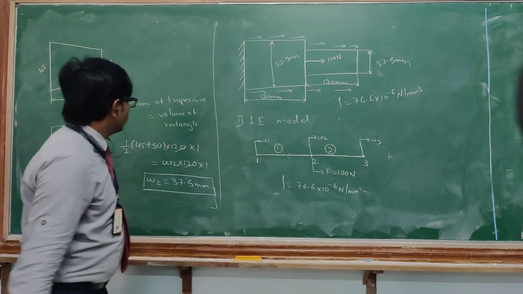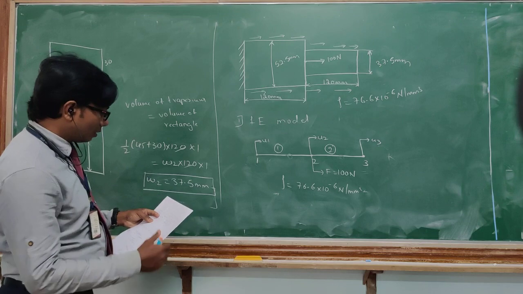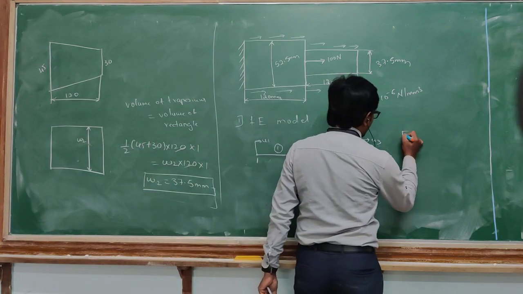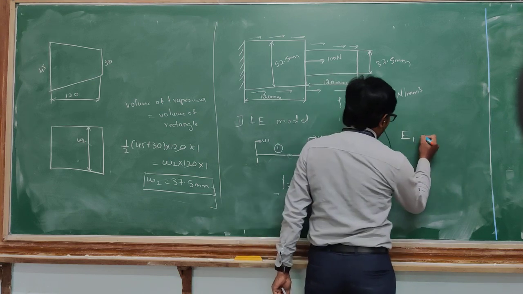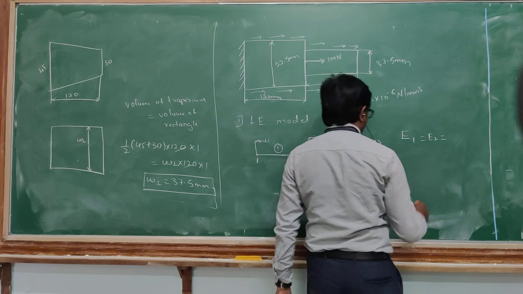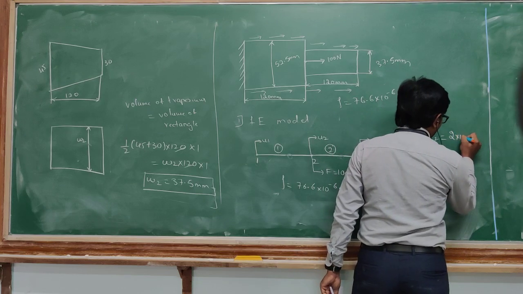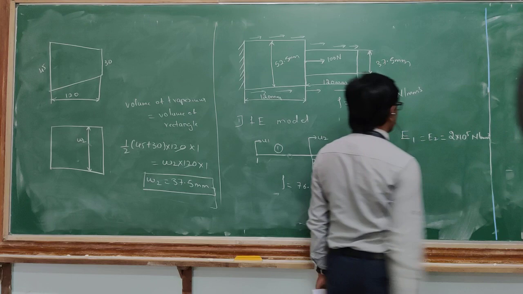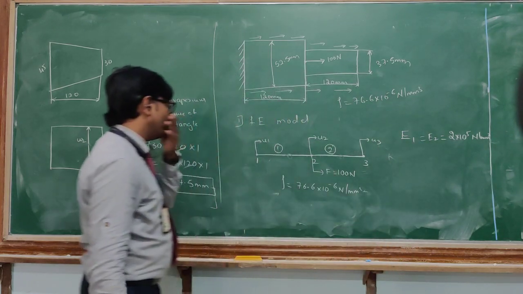They have given the Young's modulus as 200 gigapascal. Since it is made up of the same material, E1 is equal to E2. We'll convert 200 gigapascal into megapascal, which is 2 into 10 to the power 5 Newton per mm square.